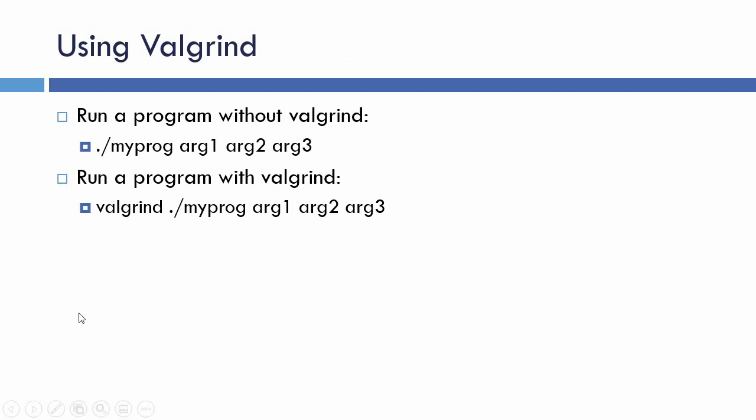If you run a program that has command line arguments like this, ./myprog, and then pass the command line arguments without Valgrind, to run the same program with Valgrind, you just put the Valgrind command at the beginning and then run the program with the same arguments.